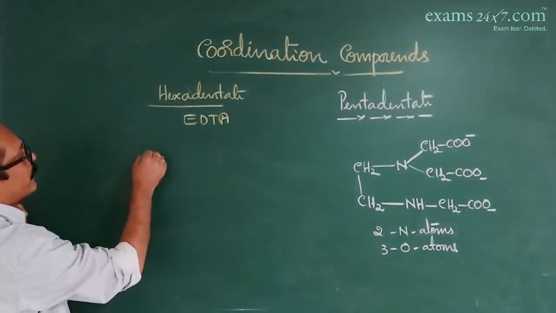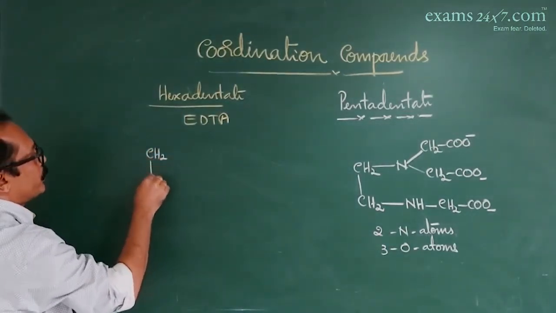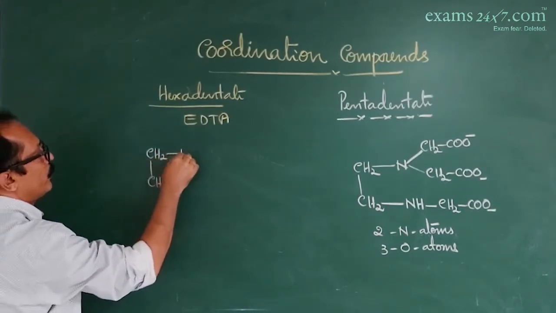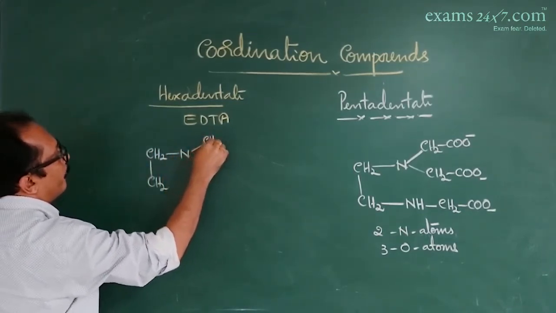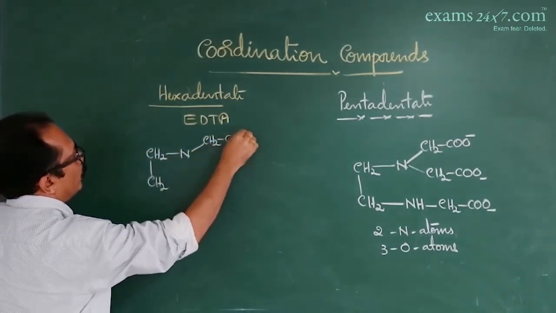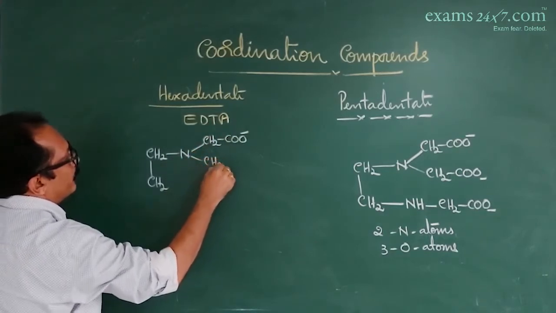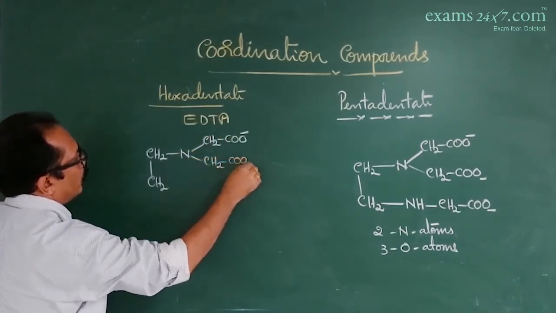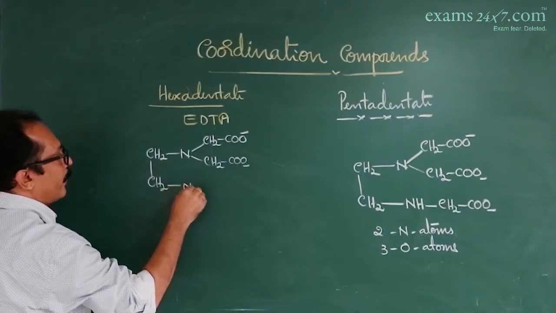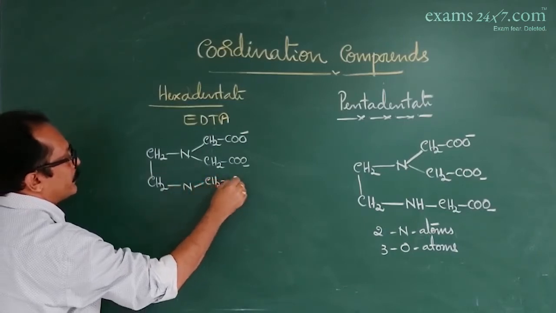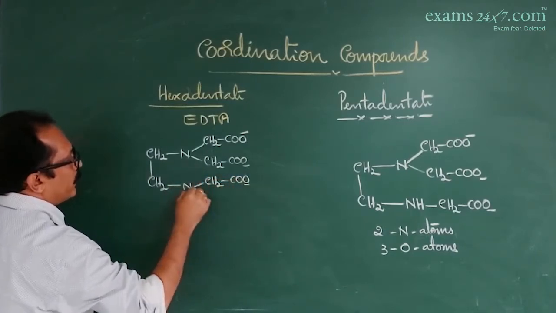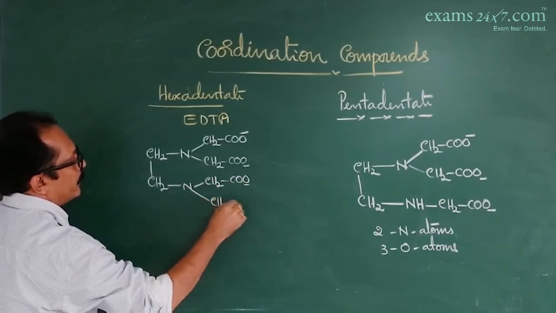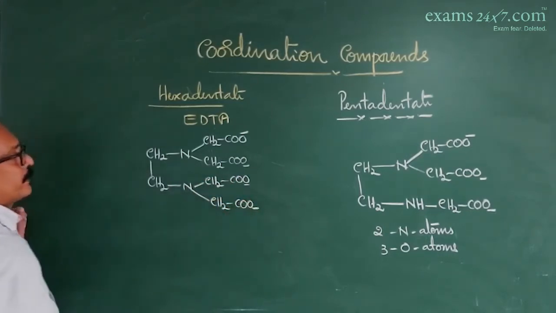So, we can write the structure like this. CH2, N, CH2, COO minus, CH2, COO minus, N, CH2, COO minus, CH2, COO minus.